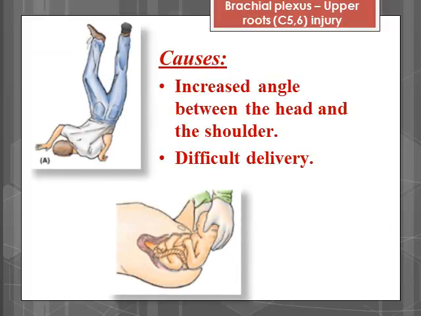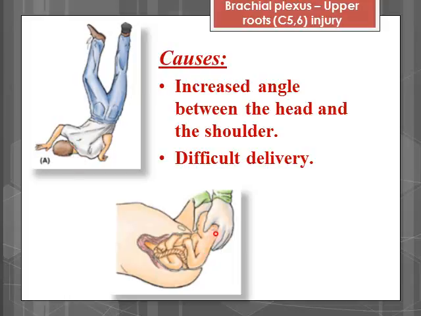The upper root injury is caused by increased angle between the head and shoulder, as in falling down from a high distance, leading to traction on C5 and C6 roots.